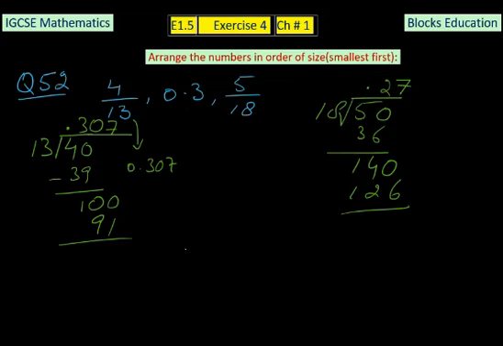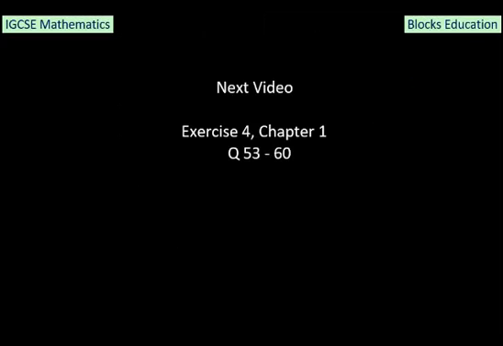So smallest first, it is 5 over 18, then comes 0.3, and then comes 0.307, which is 4 over 13. In the next video we'll be solving exercise 4 of chapter number 1, questions number 53 to 60. So see you there.